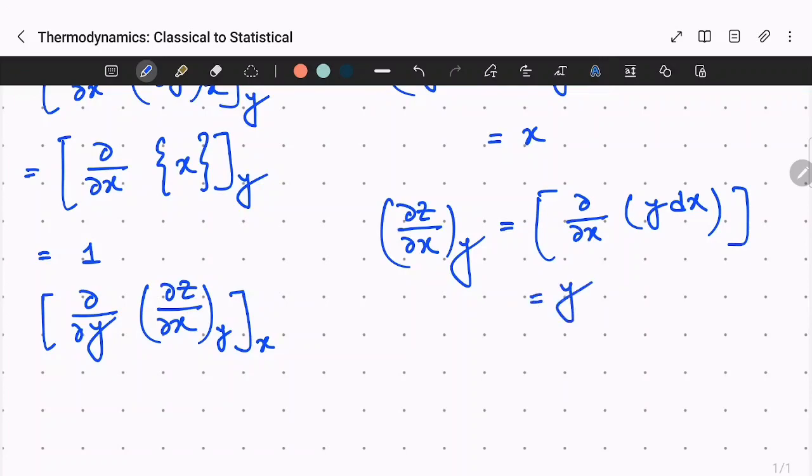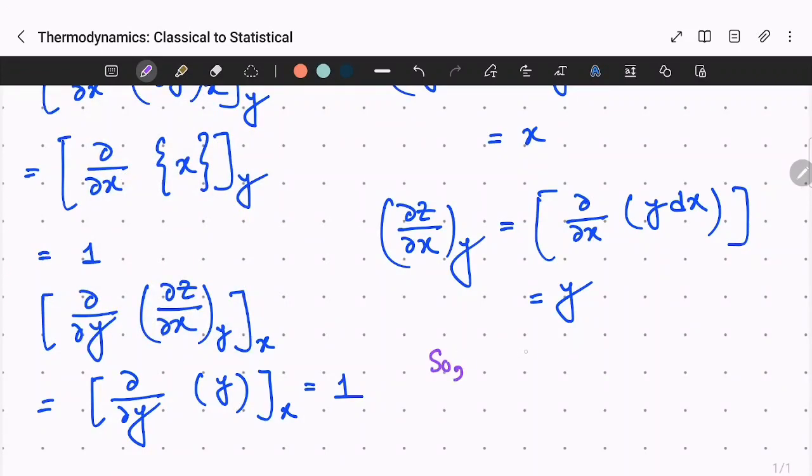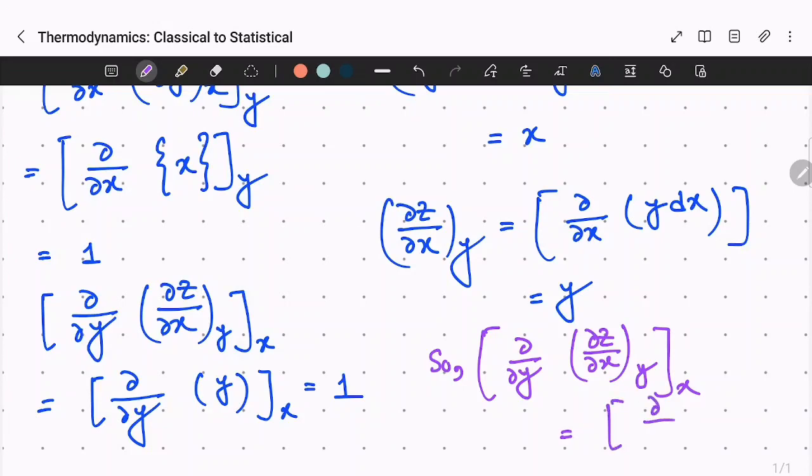So it means just y. Okay, so if you put it here, then you will get just y, and it again gives the 1. So we can write, directly we can write that d dy x, this is equals to... okay, so it means that z is a state function.